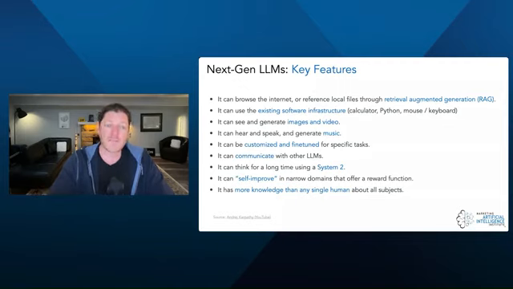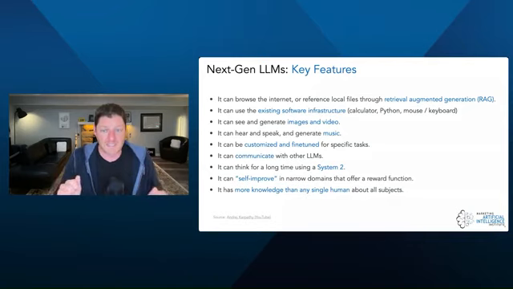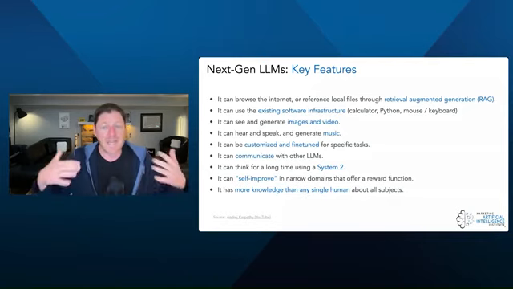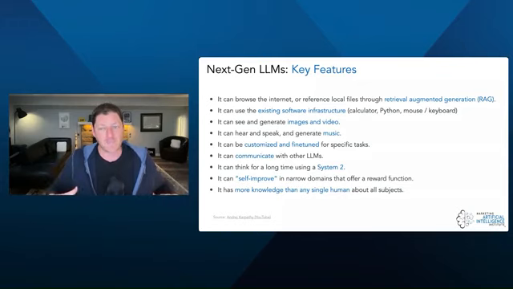The one I'm maybe most interested in is system two thinking. It can think for a long time. So the example Andrej gives in his video is, if you ask ChatGPT to do something right now, it races to give you the output as quickly as possible. It's not thinking. It's not stopping and taking a breath and really processing everything it knows.